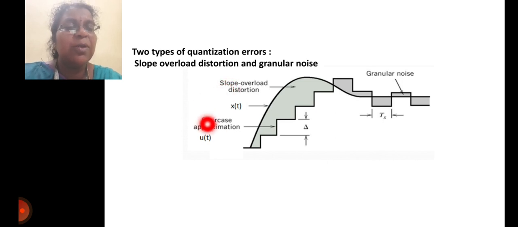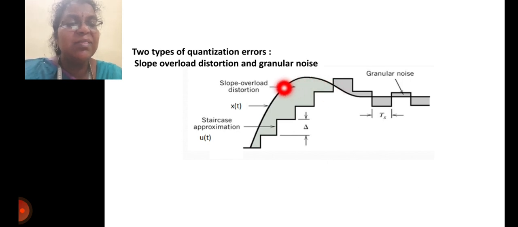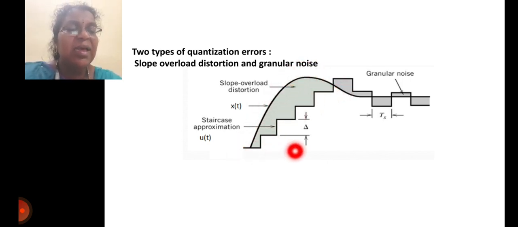Slope overload distortion arises due to the steep message signal, or the fast slope in the message signal, or we can say the step size delta is not large enough to keep pace with the message signal.